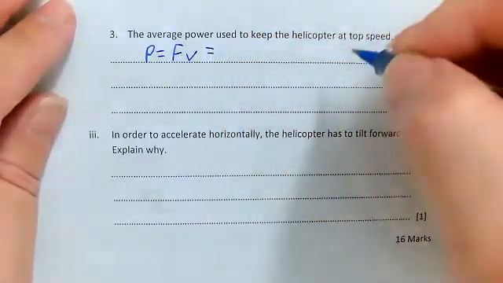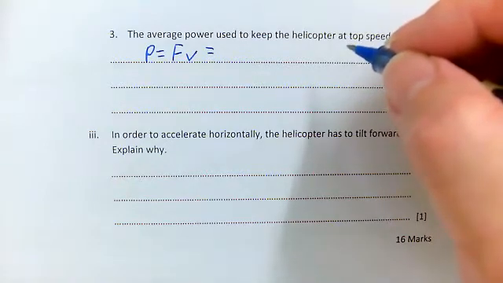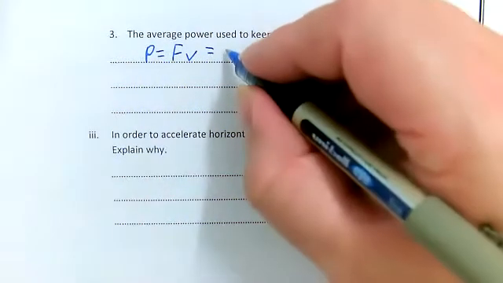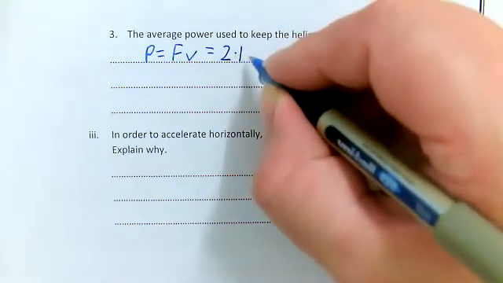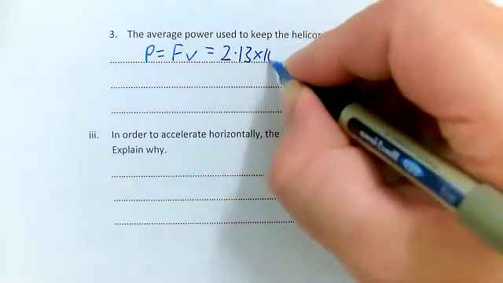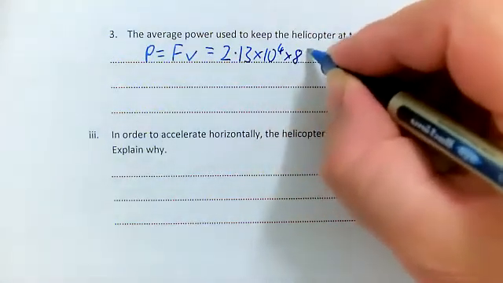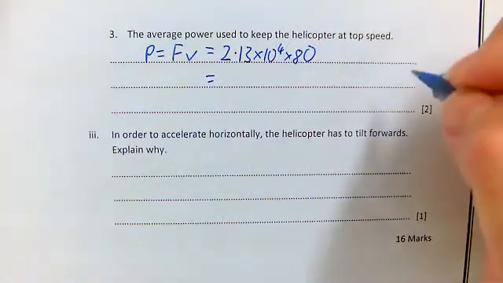So if it's traveling at top speed, then it's going to be the maximum force accelerating the helicopter, which I calculated from the previous question to be 2.13 times 10 to the power of 4 newtons, multiplied by its maximum horizontal velocity, which is 80 meters per second.